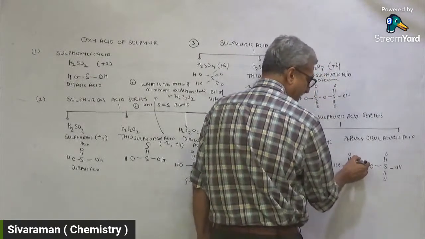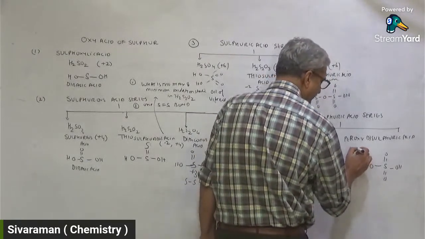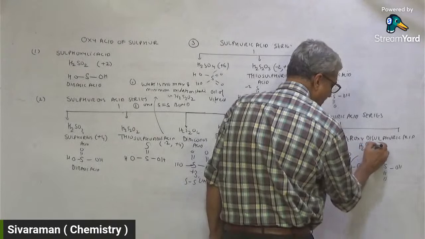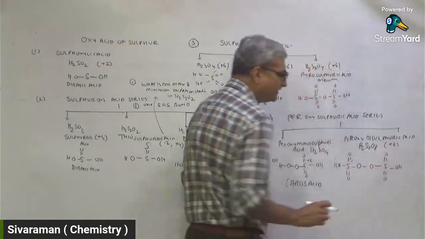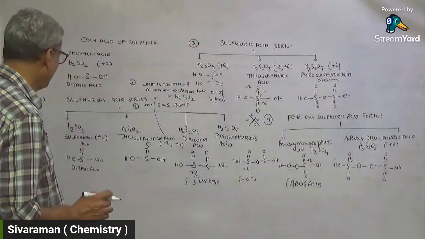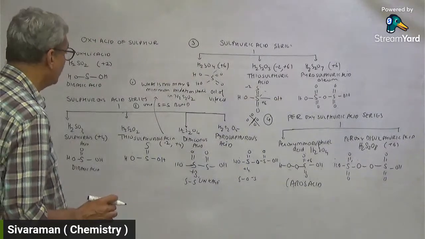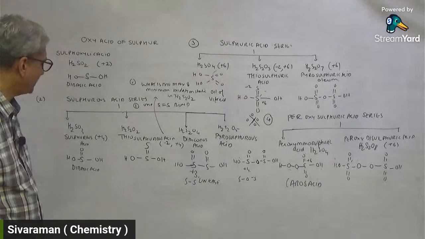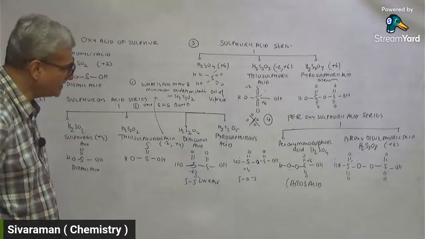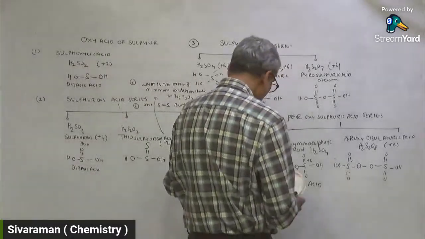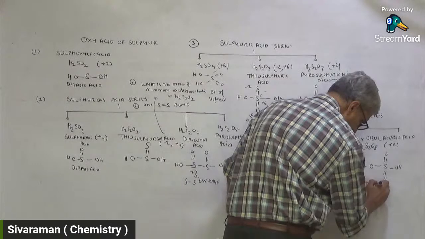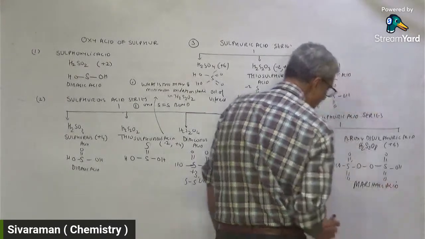So -1, -2, each sulfur has a charge of, it is H2S2O8. H2S2O8, one single oxidation state, +6. So thiosulfurous and thiosulfuric acid are the only ones which have got two different oxidation states. Others have a single one. So this is called Marshall's acid.